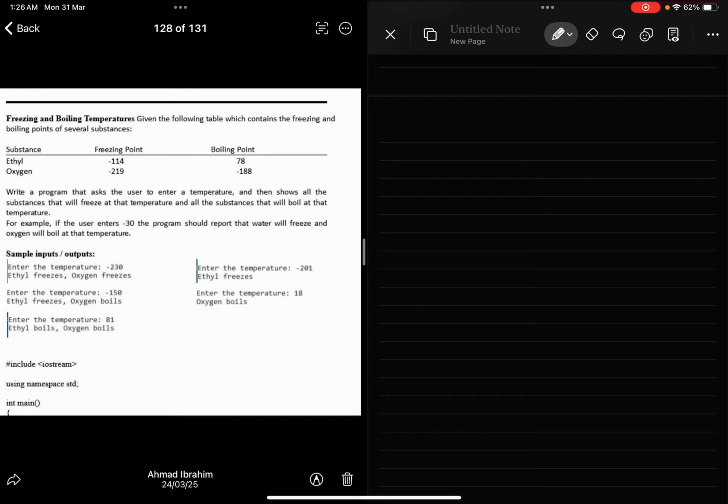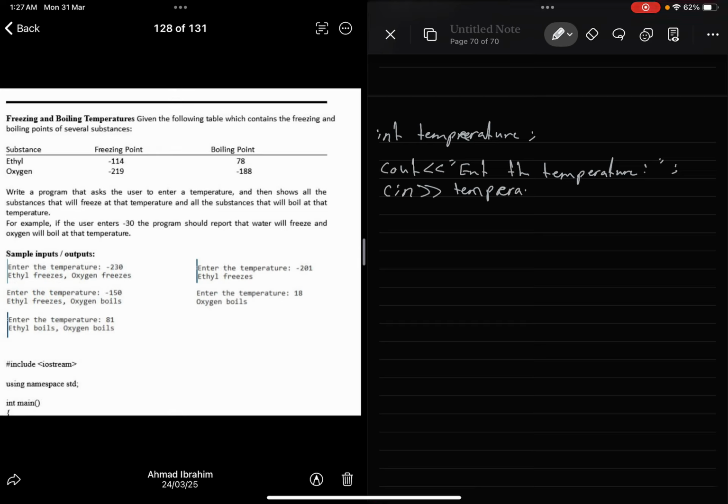So we have to declare int temperature. So temperature, cout, enter the temperature, and we have cin the temperature.